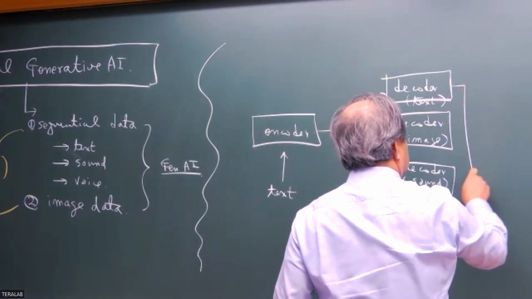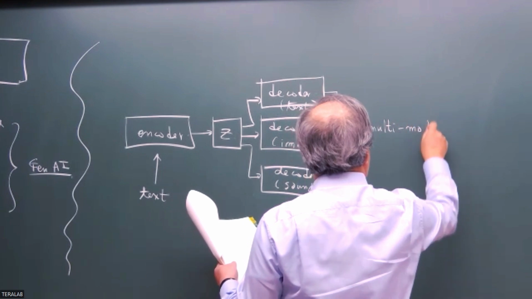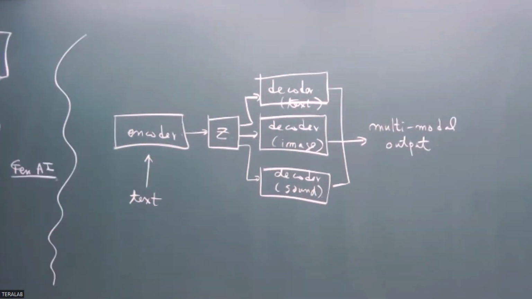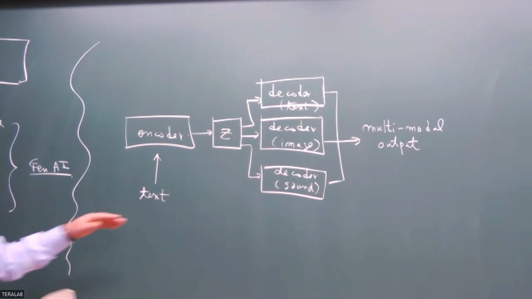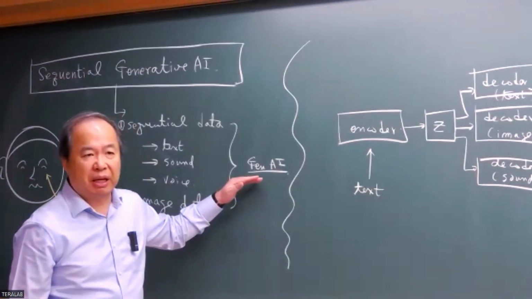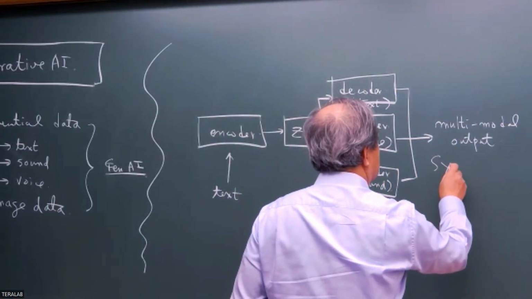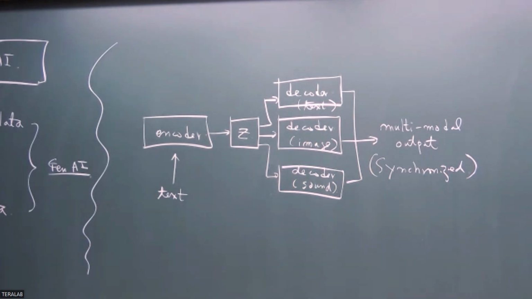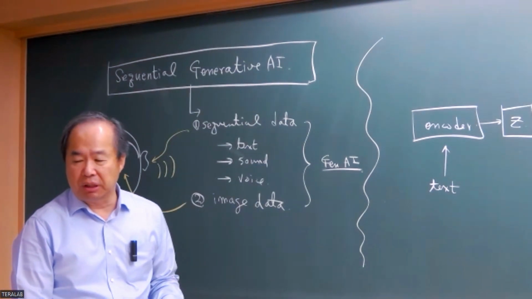All these decoder outputs may be combined to become a multimodal output. Of course, this diagram represents a conceptual block diagram and architecture of multimodal generative AI. All these decoder outputs have to be synchronized. Text, image, and sound have to be synchronized. That is my vision of future generative AI.